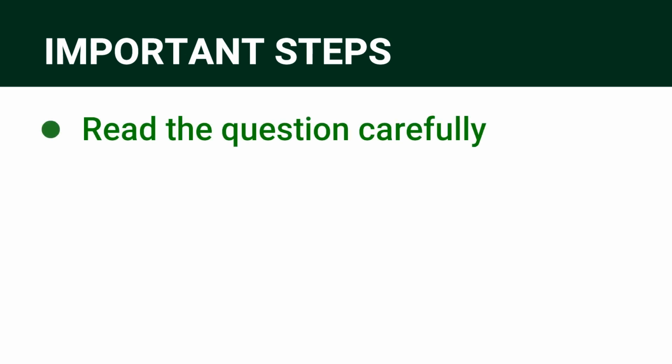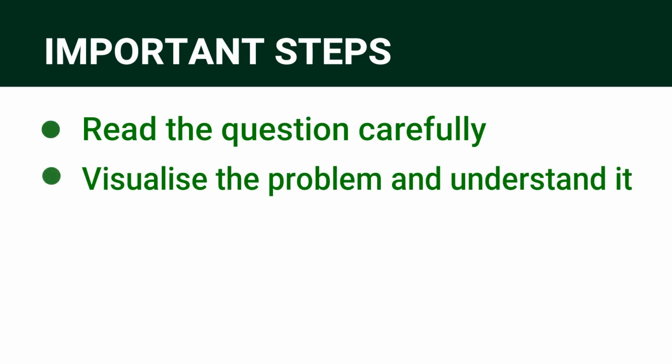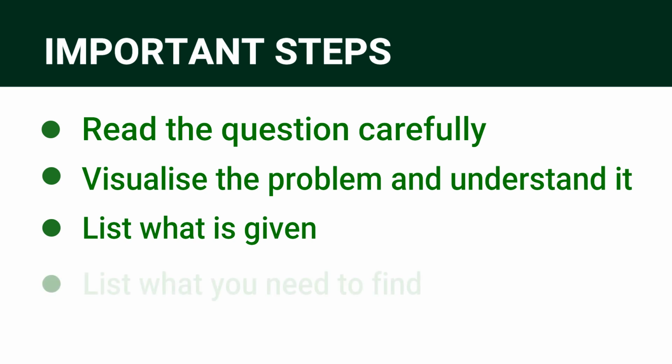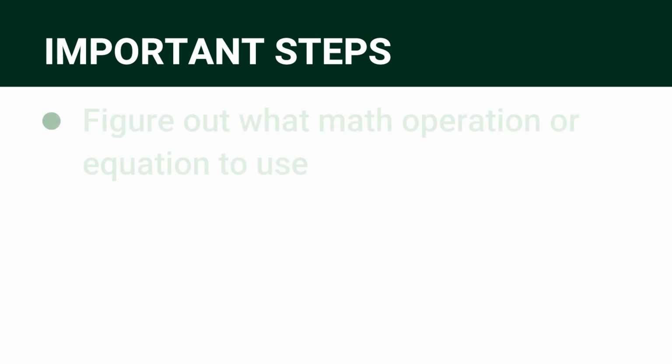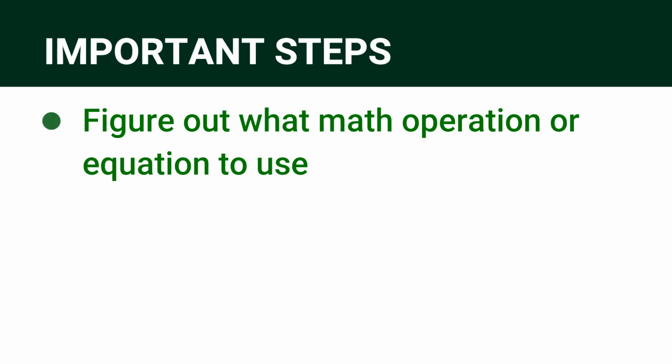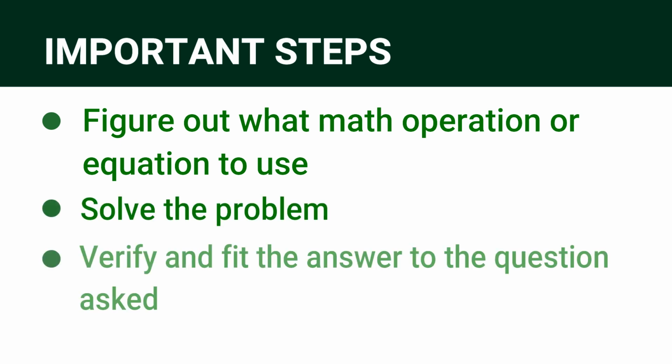Read the question carefully. Visualize the problem and understand it. List what is given. List what you need to find. Figure out what math operation or equation to use. Solve the problem. Verify and fit the answer to the question asked.